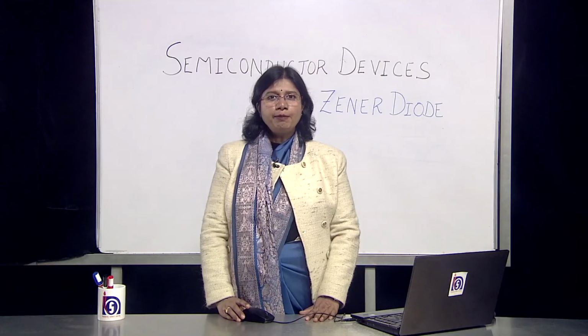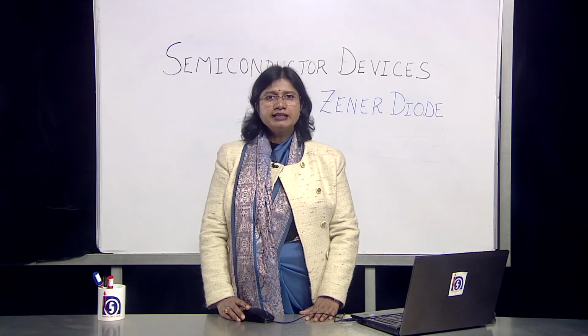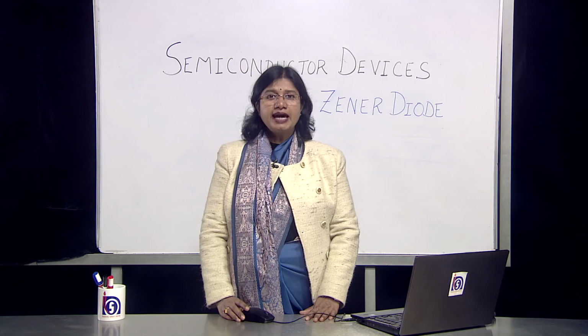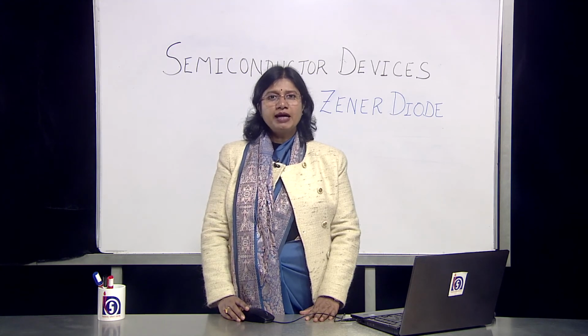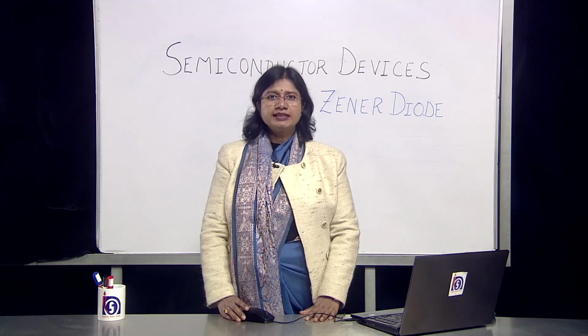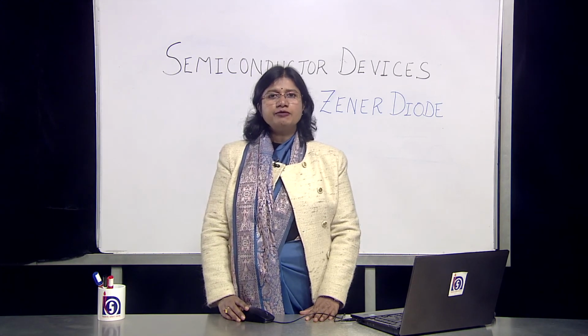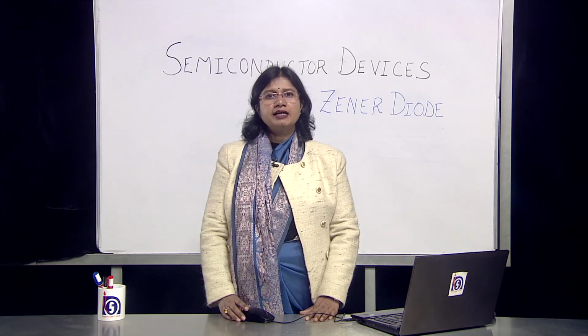The application of the Zener diode as a voltage regulator is only in a specified region, that is, whenever we connect the Zener diode in reverse bias and we are supplying a voltage beyond Vz. If we do not supply a voltage beyond Vz and we are not connecting the Zener diode in reverse bias, it will not function as a regulated power supply, or a stabilizer.